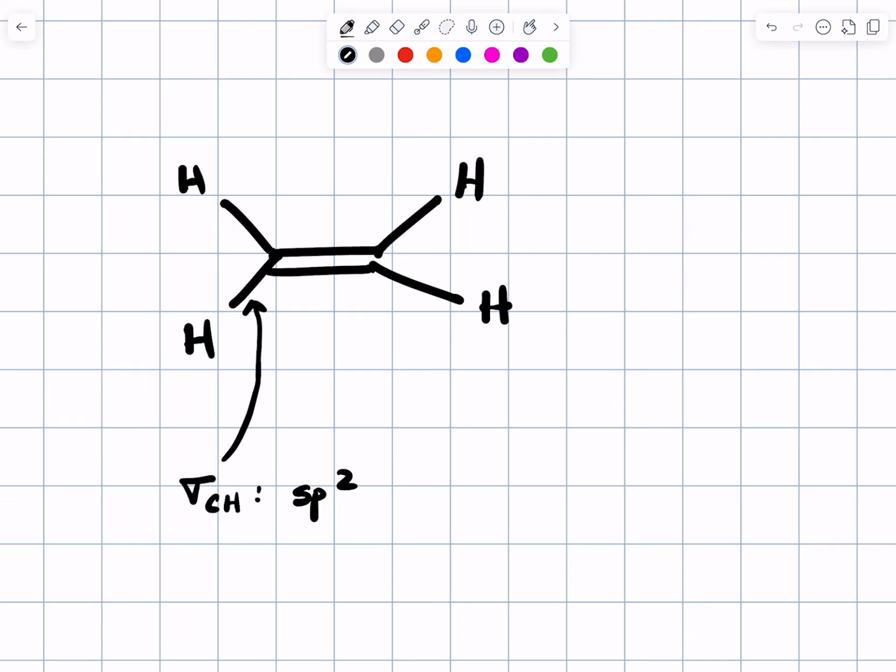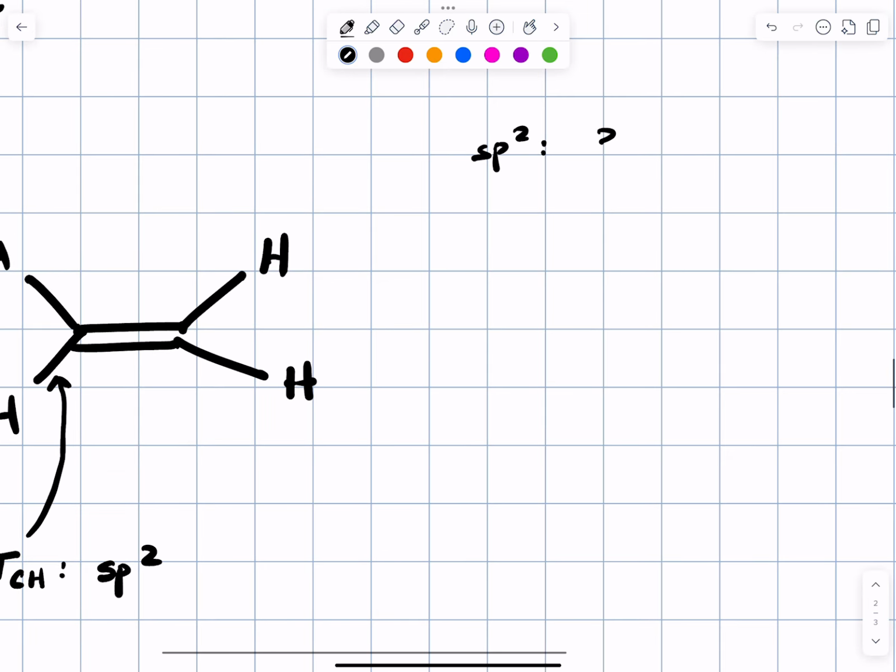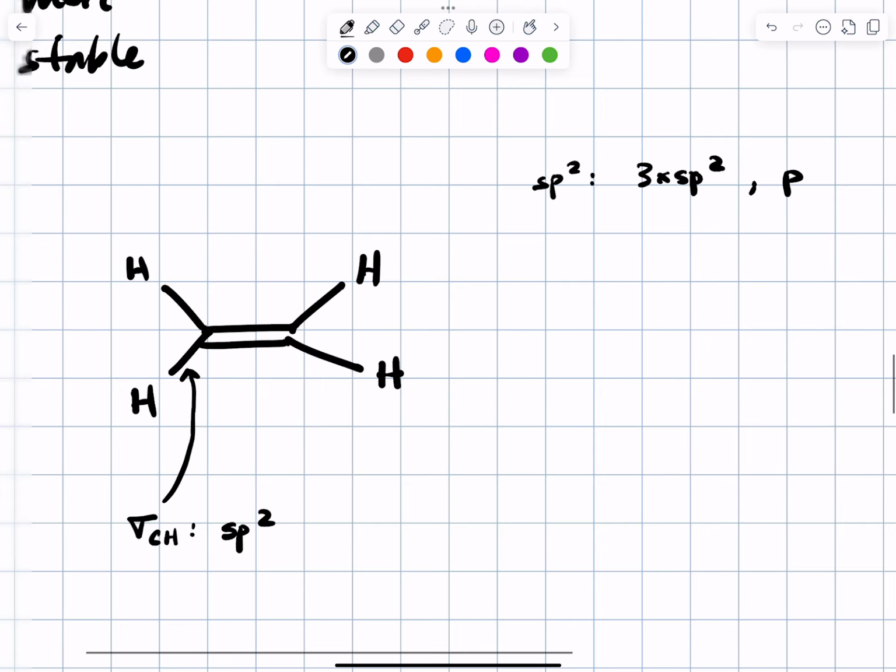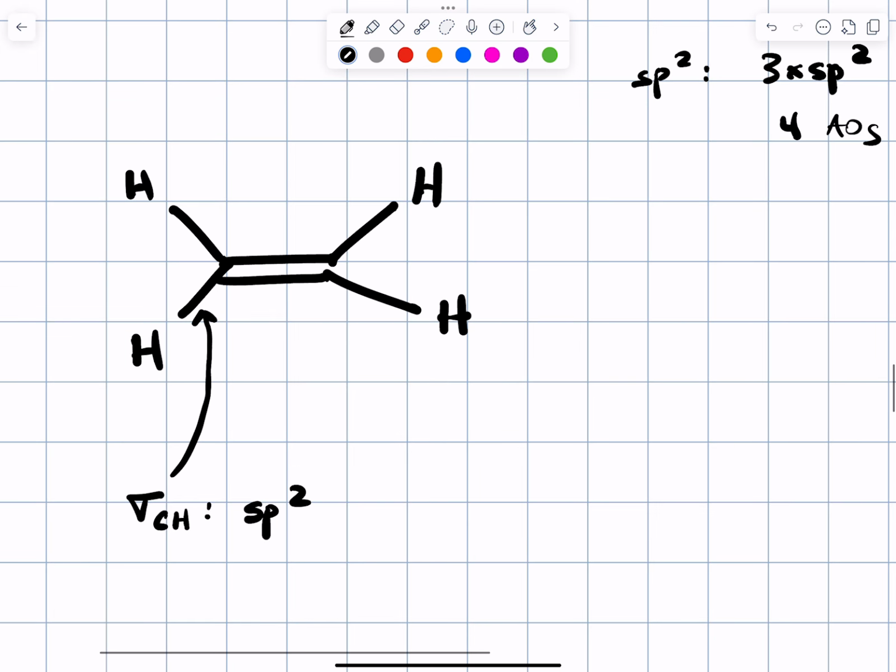That's something to review. So a carbon that is sp2 hybridized has 3 sp2 orbitals, and then left over unhybridized is a p orbital, and that is its alphabet of 4 atomic orbitals. So the sigma bond comes from overlap of an sp2 orbital on carbon with a 1s orbital on hydrogen.